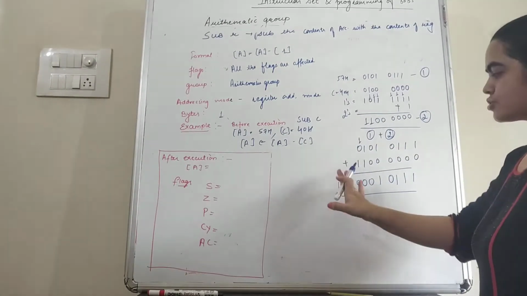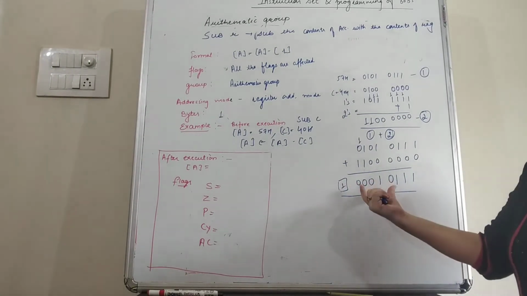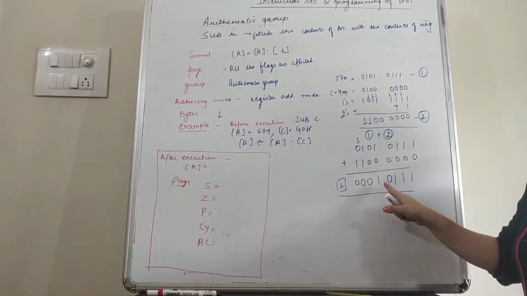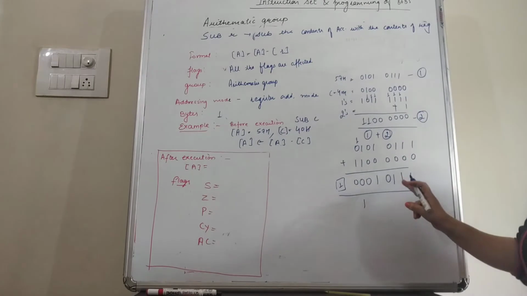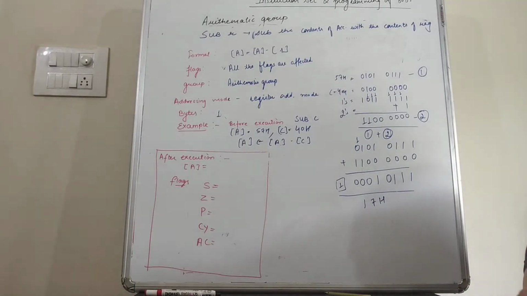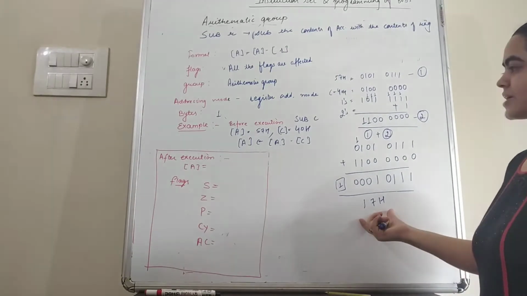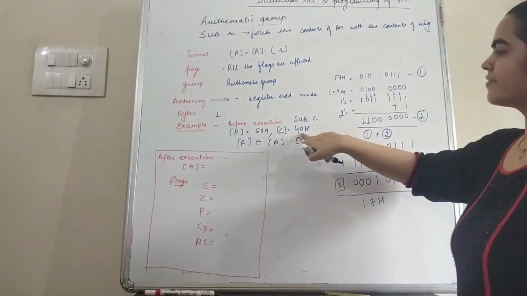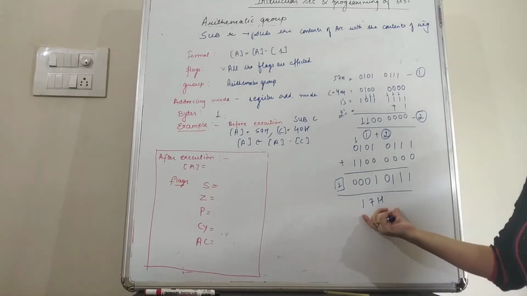So according to this result we have value 0, 0, 0, 1, 0, 1, 1, 1, that is 1 and 7. So 17H is the result. Now students, 17H is the result, because we are subtracting 57 with 40, then the result is 17H.